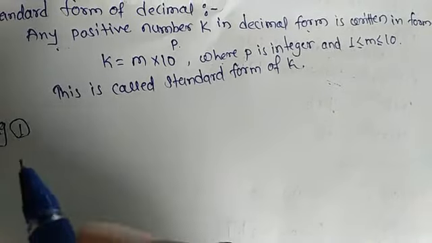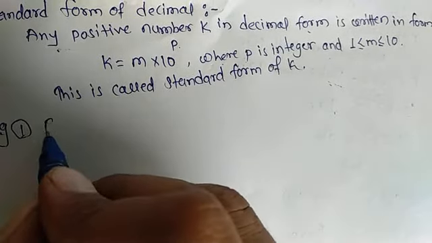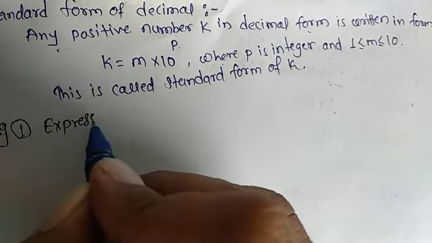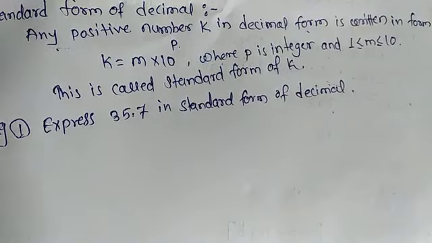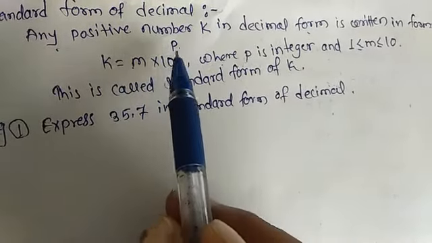First example, express 35.7 in standard form of decimal. The standard form will be in the form m into 10 raised to p.